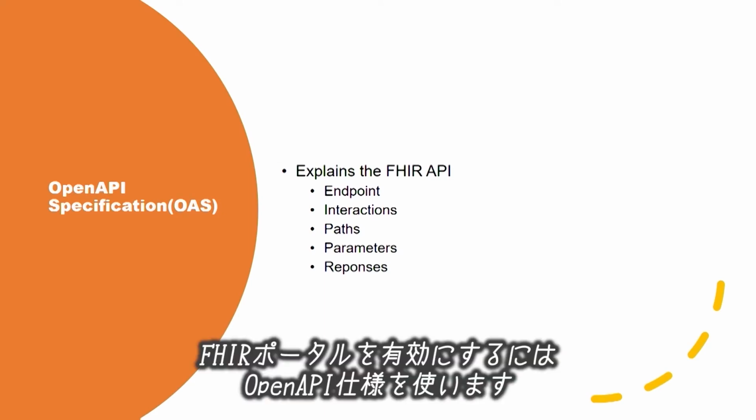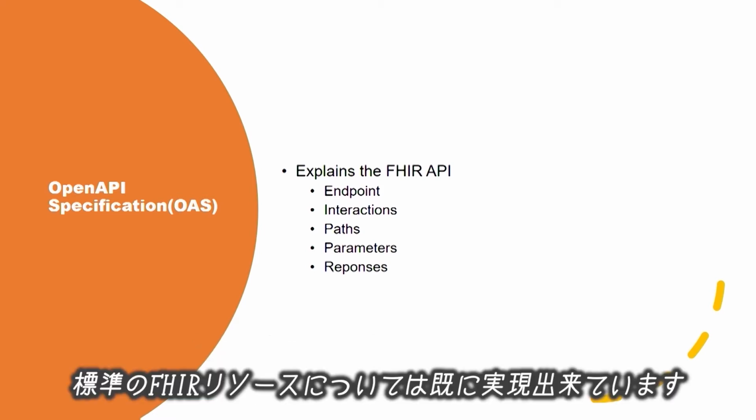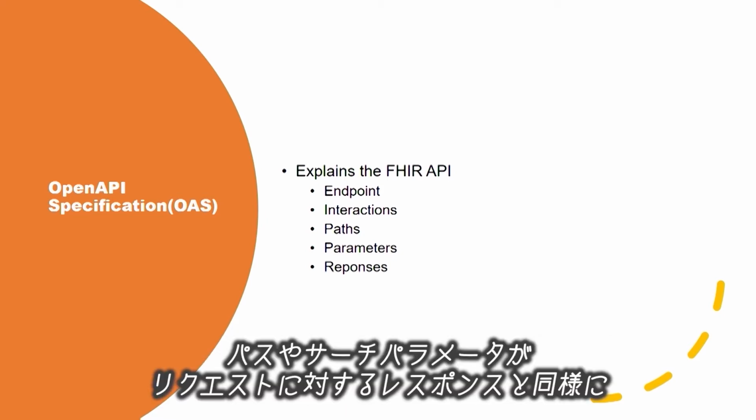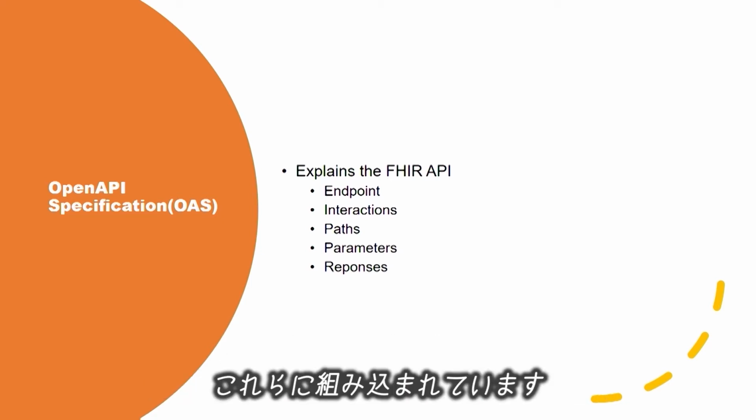To enable the FHIR portal, you use the OpenAPI specification. We've already done this for the standard FHIR resources, where we specify things like the endpoint, the different FHIR interactions, the paths and the search parameters that are defined in the FHIR specification, as well as the responses for those requests.